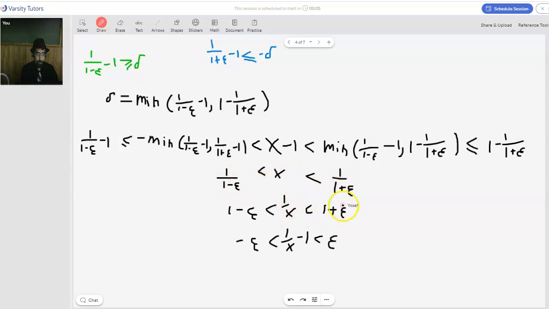Take the reciprocal. And then when we subtract 1 to get our 1 over x minus 1, we get that that has to be between negative epsilon and epsilon.